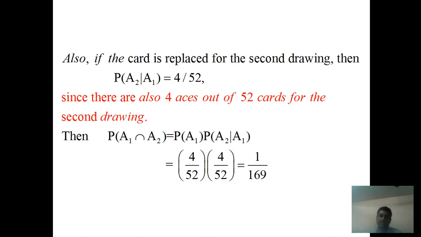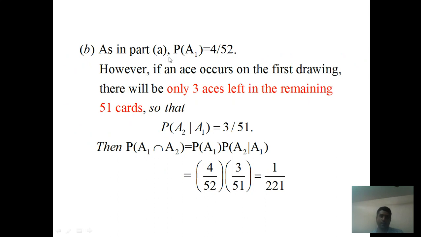So again, in the second chance, there are 4 possibilities of getting an ace. So the probability of A2 given A1 is still 4 divided by 52, since there are again 4 aces. Then the probability of A1 intersection A2 is the probability of A1 times the probability of A2 given A1, and both have equal probability 4 by 52. After simplification, the probability of A1 intersection A2 is 1 upon 169.